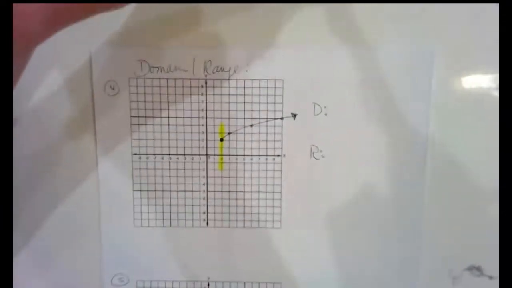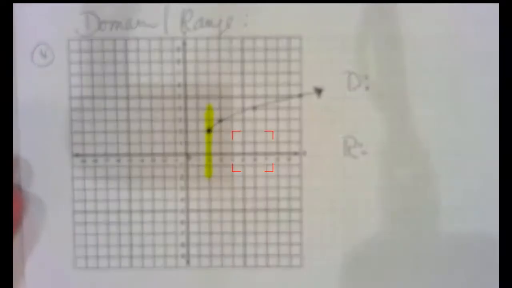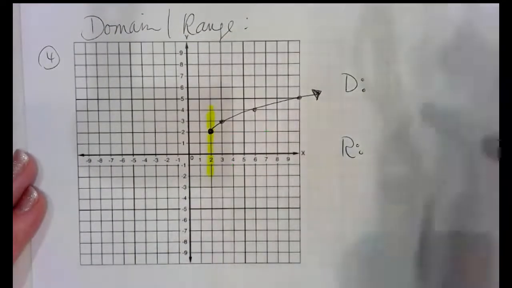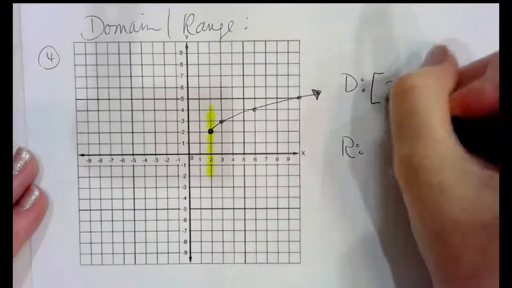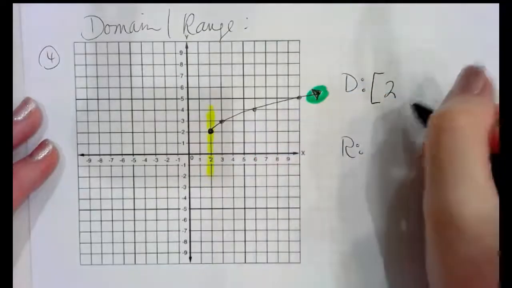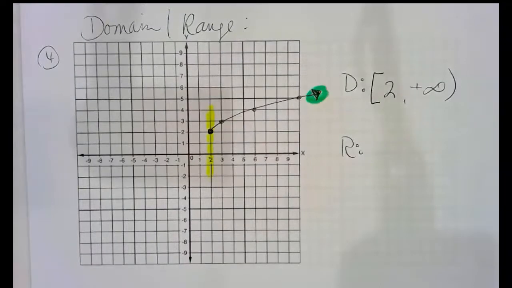So our domain is going to start at exactly x equals 2, and it is inclusive. So bracket on the 2. And then this particular graph continues to the right forever. So that means that our domain will begin at positive 2 and it will continue into positive infinity. Infinity is always bound with a parenthesis.